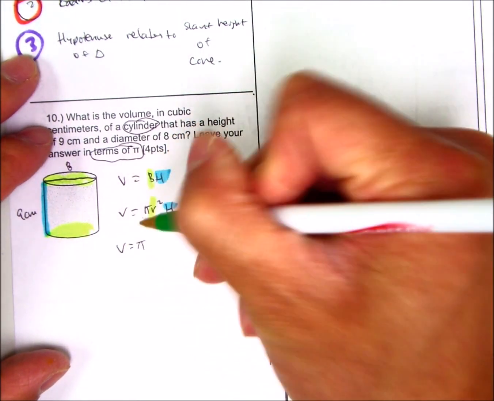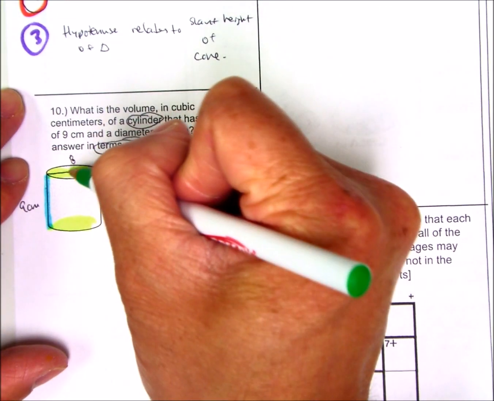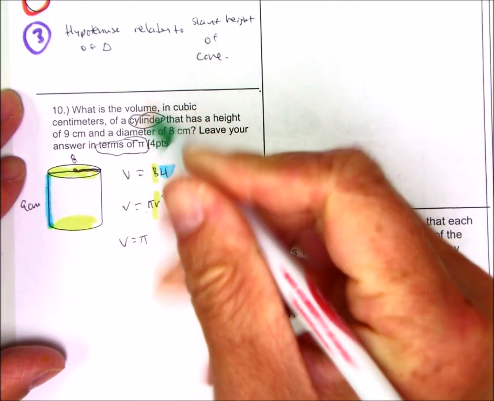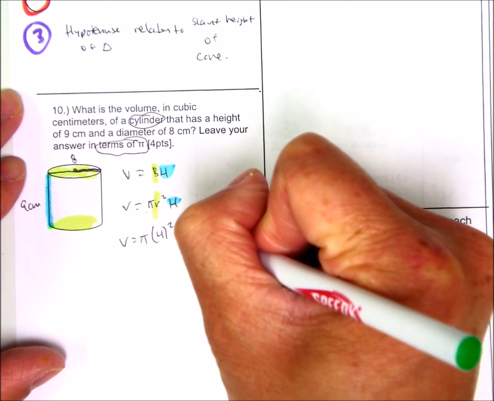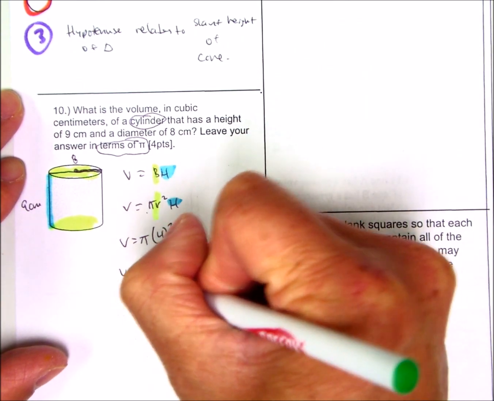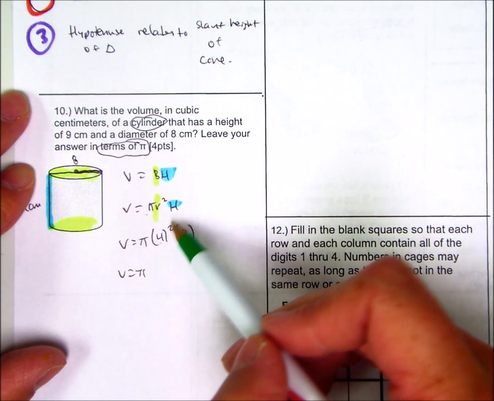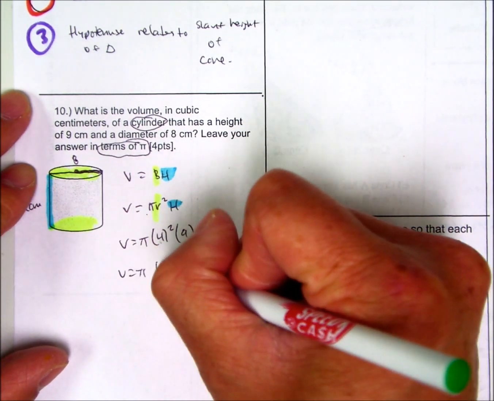So the radius, remember, is from the center of a circle to the end point of a circle. So that'll be 4 squared, and your height is 9. Here you're just using PEMDAS to simplify, so you're going to do exponents, can't do anything in parentheses, so 16 times 9.